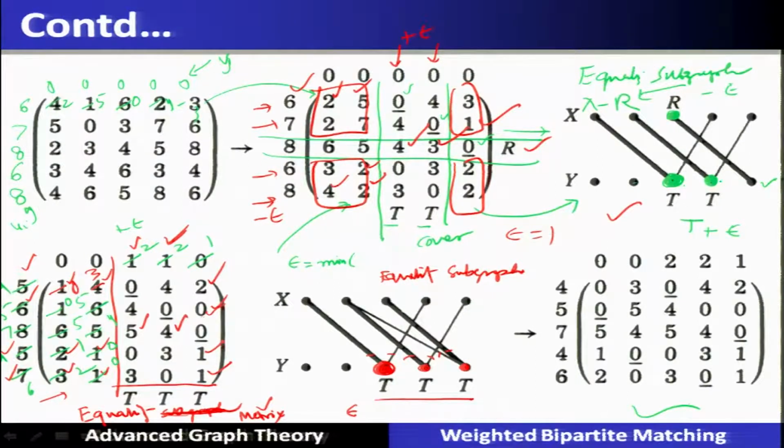Let us see the steps. Yeah, this will be the final graph. In this final graph, using this equality subgraph, we will obtain the matching. Let us go ahead. Now, wherever zeros are there we will mark them. In the first row, 1 and 2, so 1 and 3, then the second one is first one, then last 2.